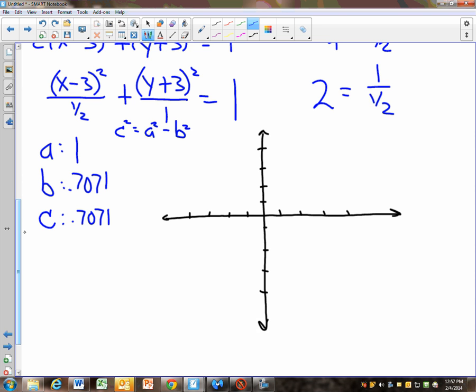What's the center? 3, -3. How many units vertically? 1. How many units horizontally? 0.7071.